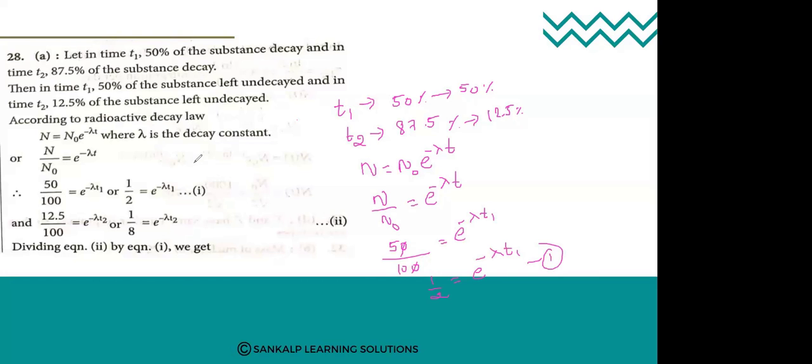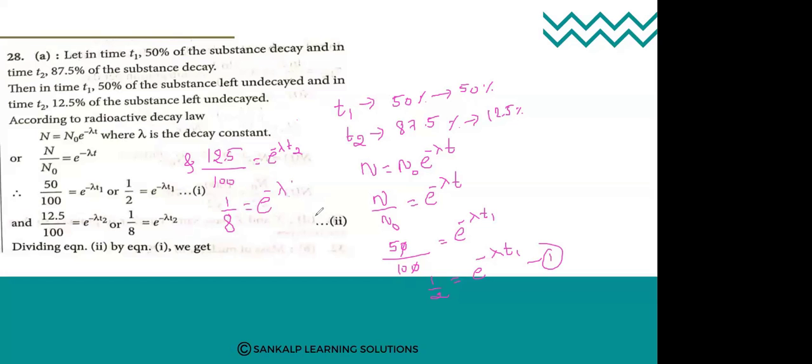Similarly, for the second one, it is 12.5 upon 100, which is equal to e raised to minus lambda into t2. So here this simplification will be 1 by 8 is equal to e raised to minus lambda t2.